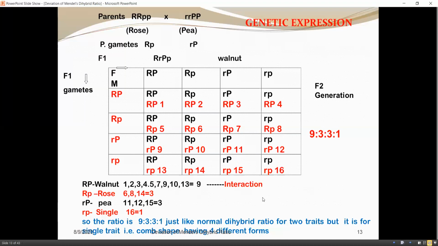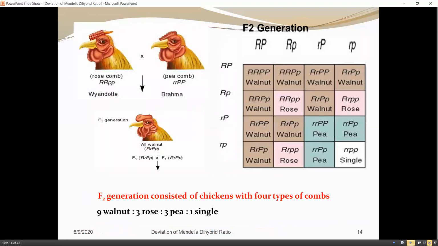So the ratio becomes 9:3:3:1, which is actually a dihybrid ratio. But here it is for a single trait. It can be called as monohybrid. Just like normal dihybrid for two traits, but it is for a single trait, comb shape having four different forms. This slide shows the same thing again: 9 walnut, 3 rose, 3 pea, and 1 single.